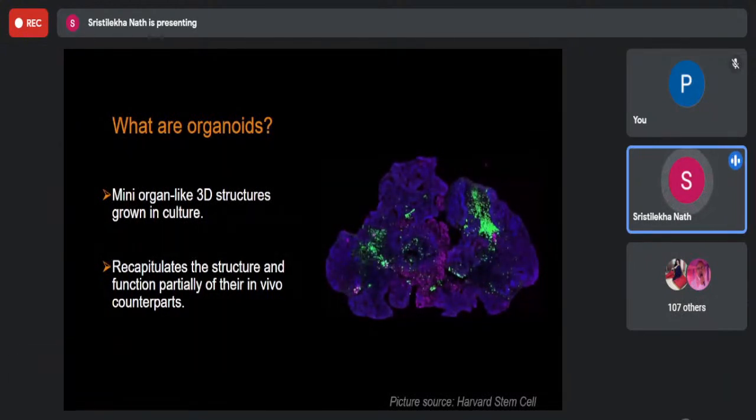I'll talk a little about the difference between 2D and 3D culture, because it's very important to know how organoids are grown to study their mechanics, since mechanics is possible only in a 3D environment and it's very difficult to study in a 2D system.